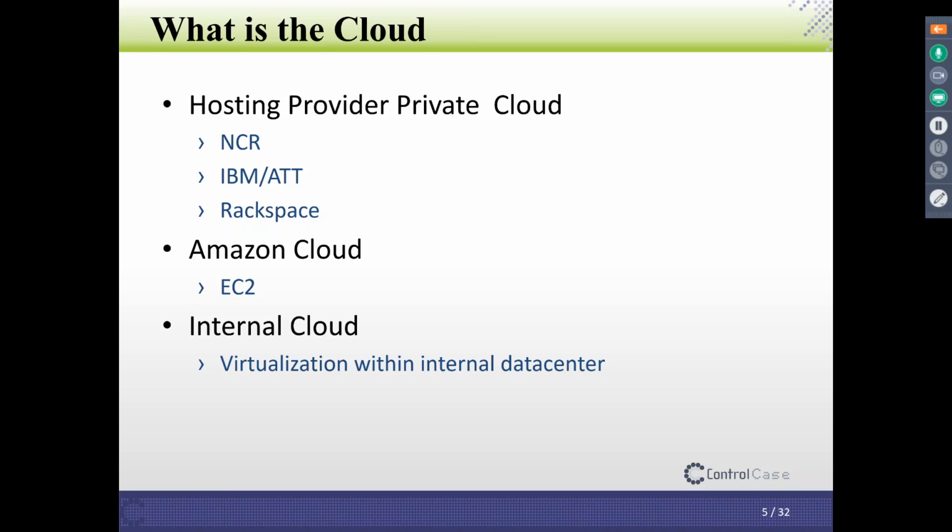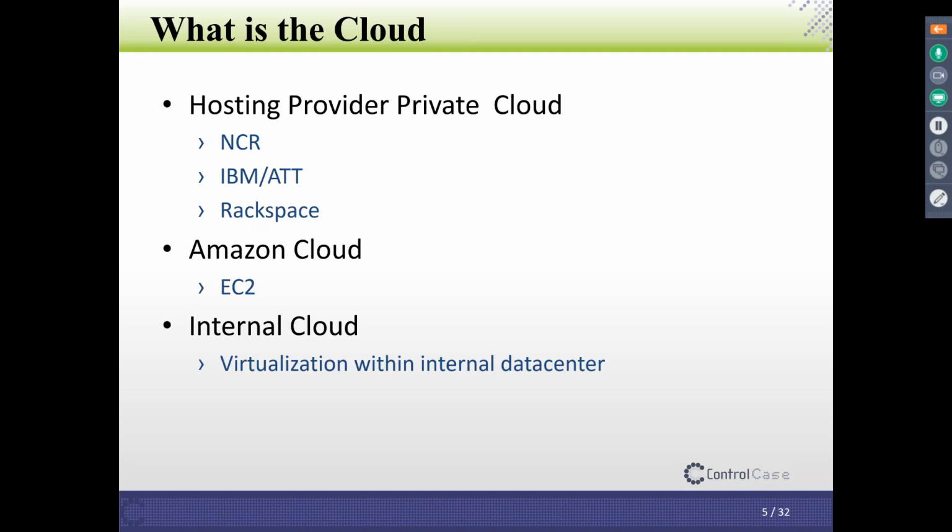within their environment. Then you have something like Amazon or Microsoft Azure, which is more of a public cloud, where it is not limited to one data center, and it is a much more wide-ranging cloud.